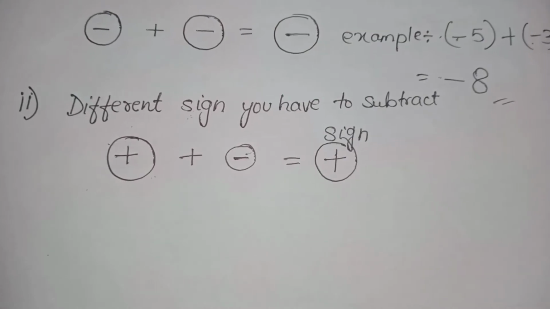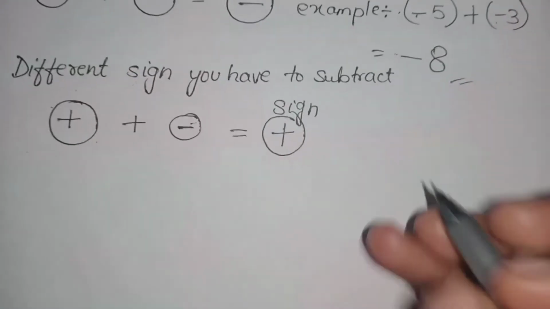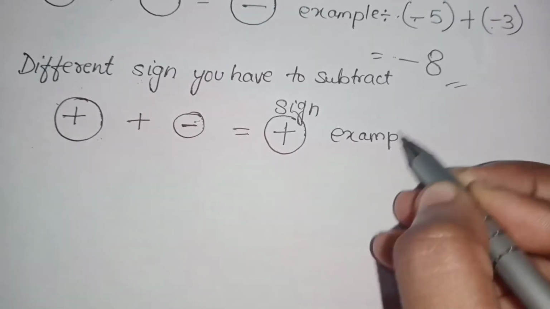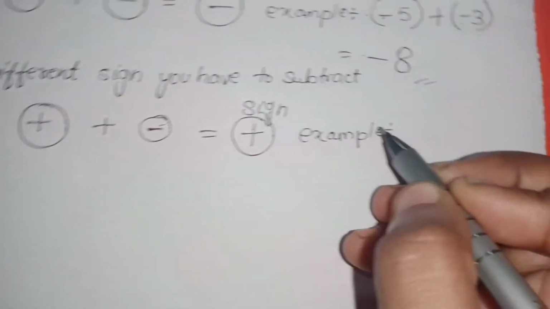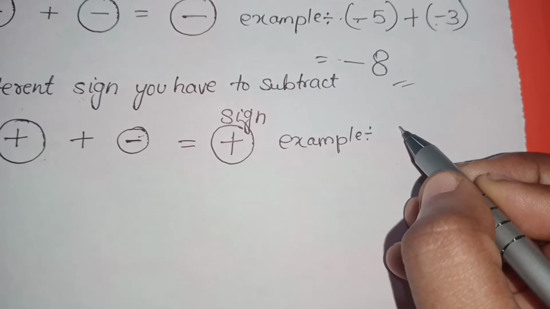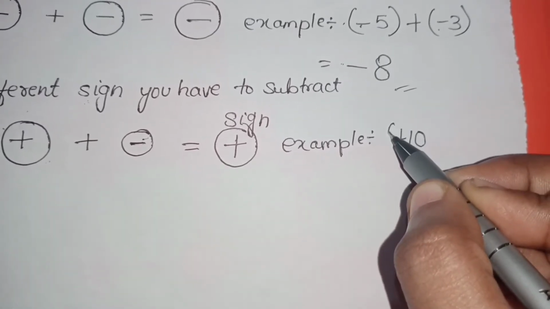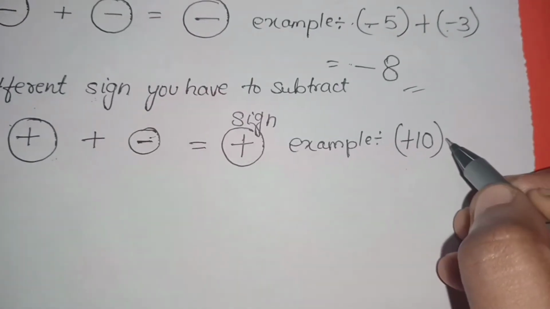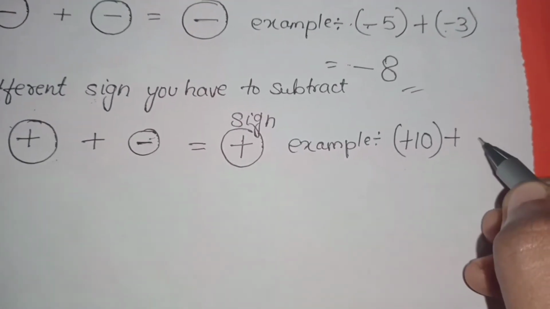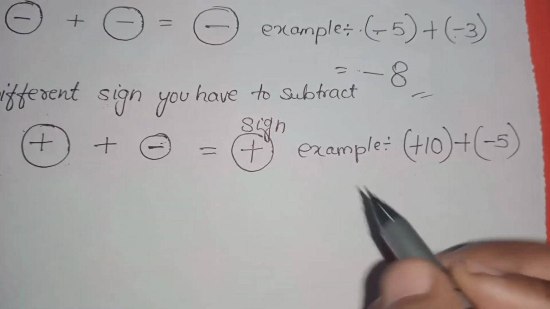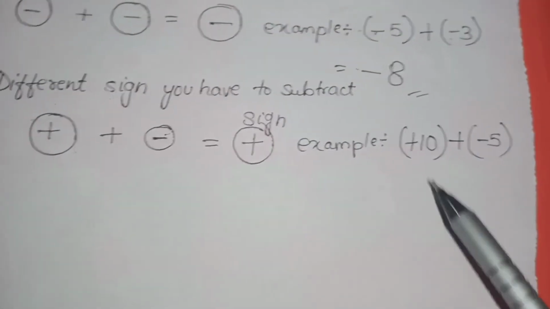Okay, for example, okay, here I am adding plus 10. Okay, plus 10 when added to minus 5.